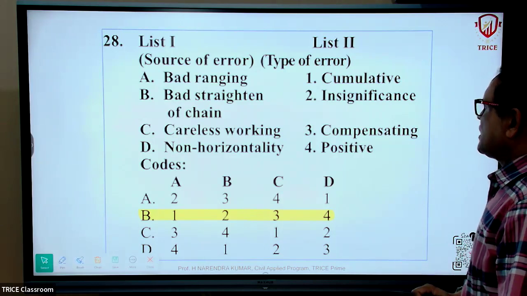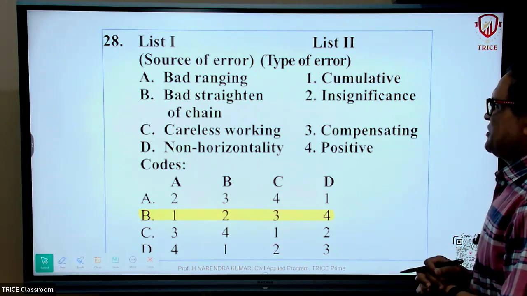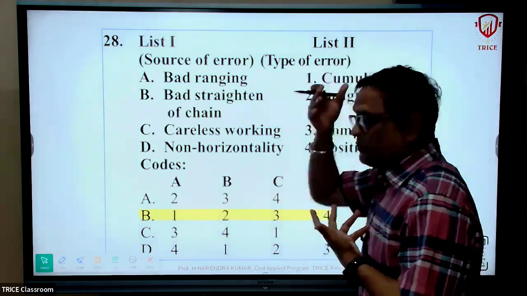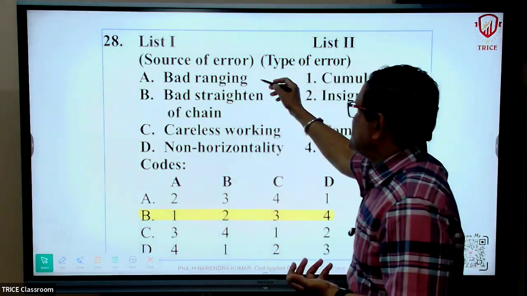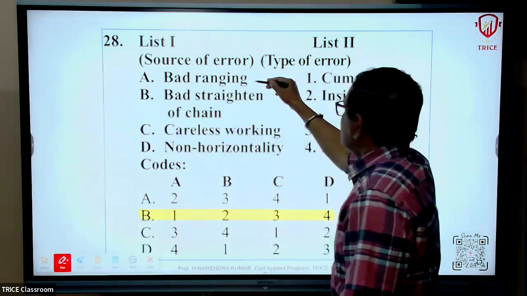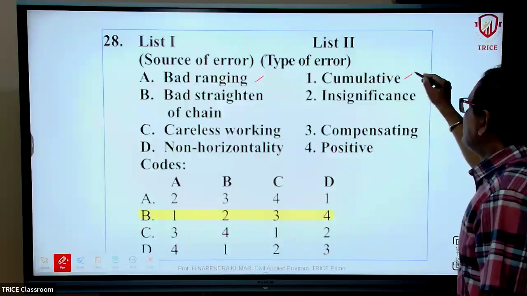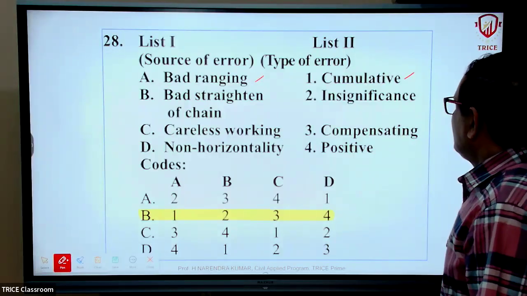So once again, I need to look for a known answer form. Already I learned from today, bad ranging. Okay, so bad ranging, already got the information that it is a cumulative type of error. So I got the correct answer.